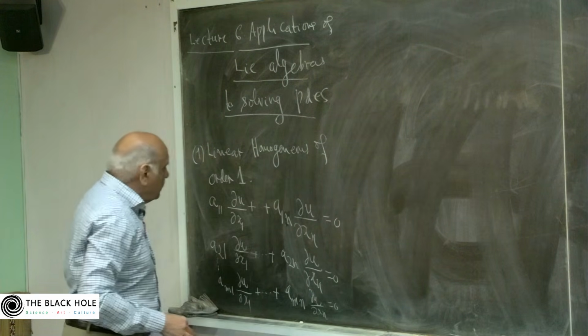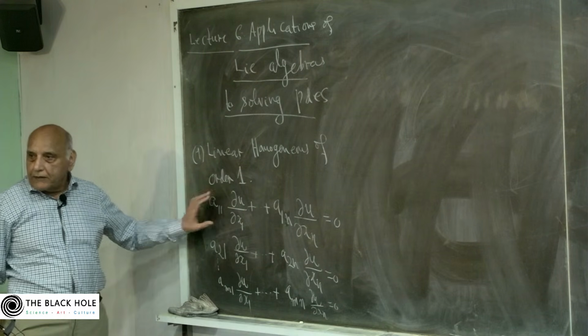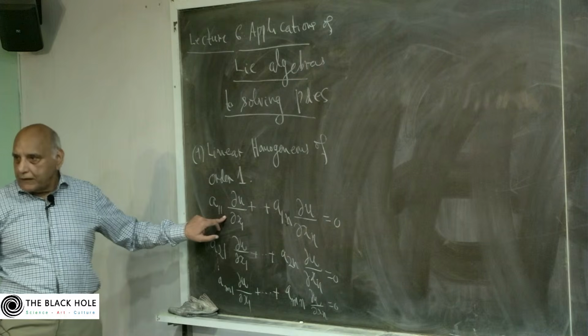So in the language of vector fields, how will I write it? Let's call the first one, a1 partial by partial x1, as X1.